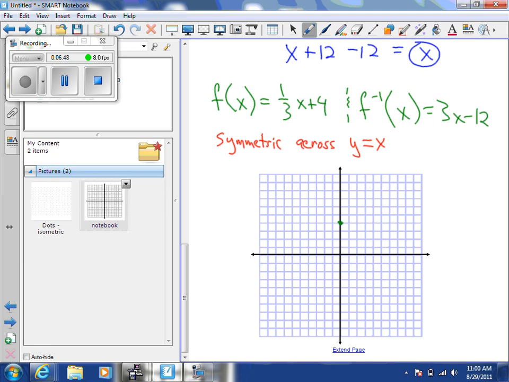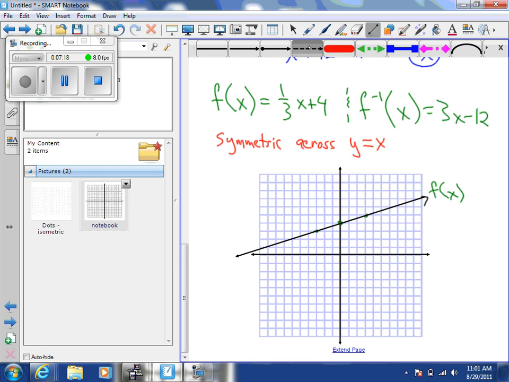I know that the y-intercept is 4, and the slope is up 1 over 3, or down 1, left 3. Now that's our line. Let's see if we can get this pretty accurate here. There we go. That is our function f of x.